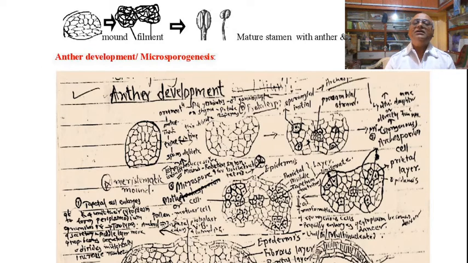Again, the parietal layer may or may not divide; if it divides, it forms another layer called the middle layer or wall layer of the anther in the next stage. Meanwhile, the archesporium divides once more mitotically, forming the tapetum and the microspore mother cells.